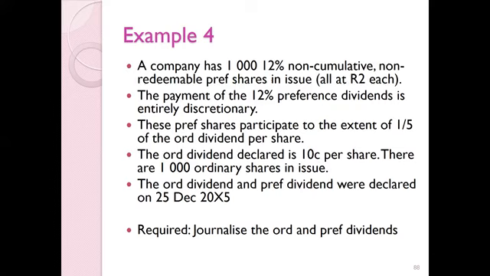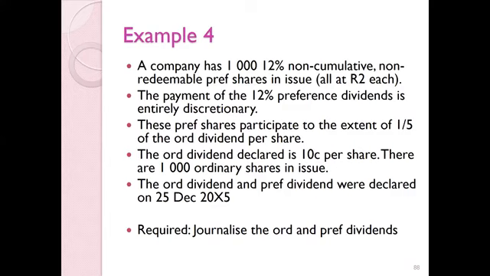These preference shares participate to the extent of 1/5 of the ordinary dividend per share. The ordinary dividend declared is 10 cents per share, and there are 1,000 ordinary shares in issue. The ordinary dividend and the preference dividend were declared on the 25th of December 20x5. You're required to journalize the ordinary and the preference dividends.